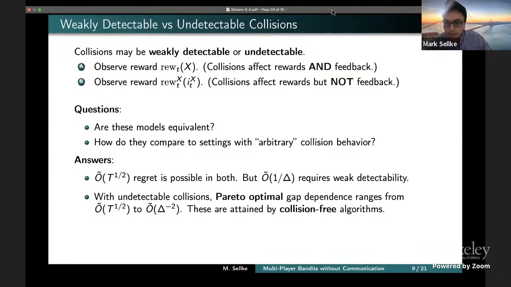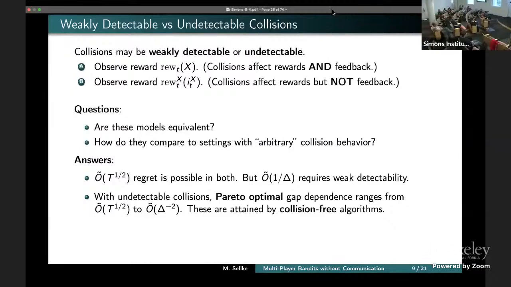Does that answer your question? Yeah, it's fine. Awesome. Yeah, thanks. Okay, so I'll keep going. So in this case of undetectable collisions, the gap dependence gets more complicated, and the optimal guarantees are actually.